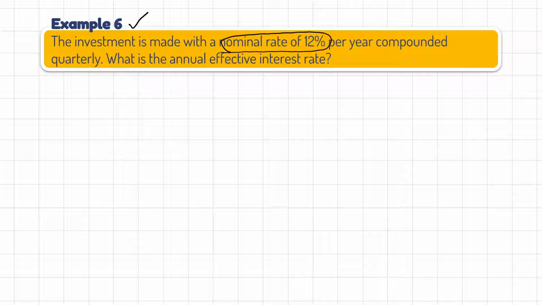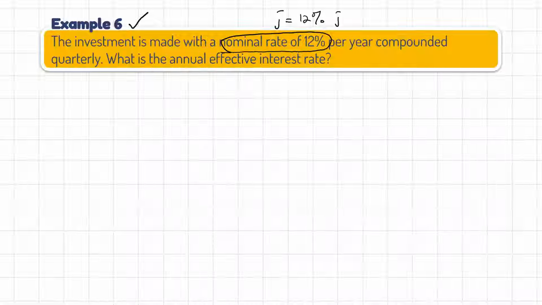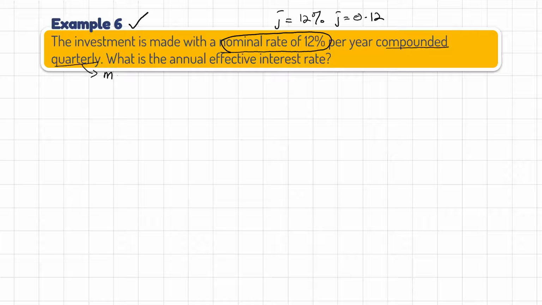Therefore, J equals 12%, which means that J equals 0.12. And the next one, we have the information compounded quarterly. Therefore, M equals 4. And then the question asks for the annual effective interest rate.